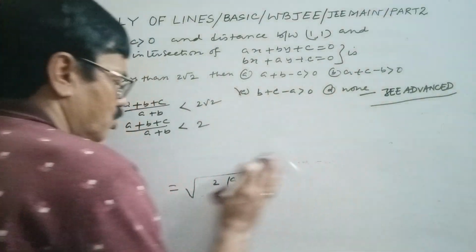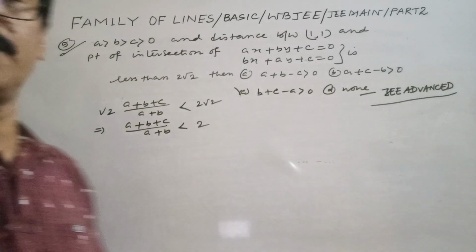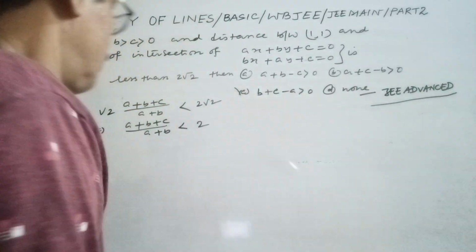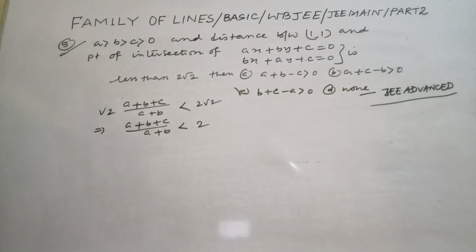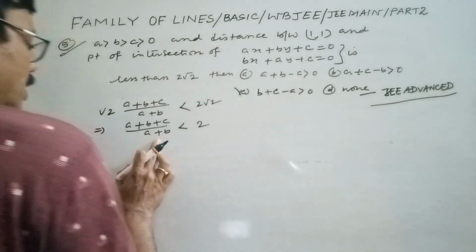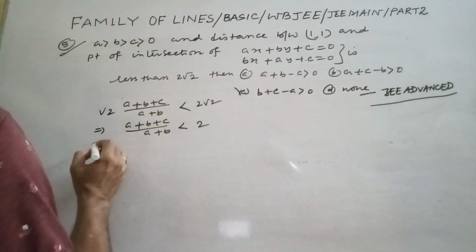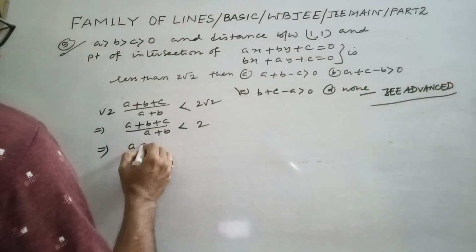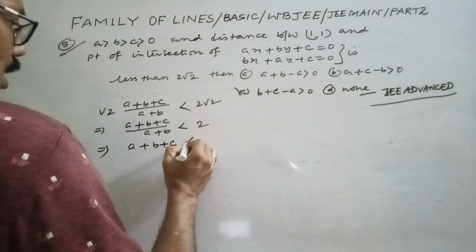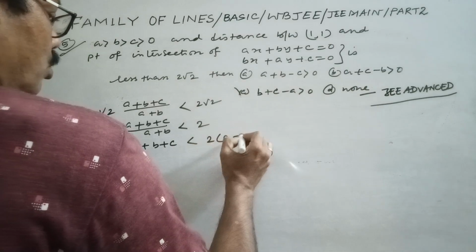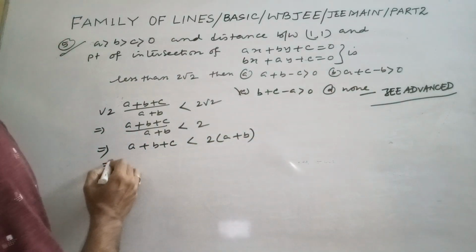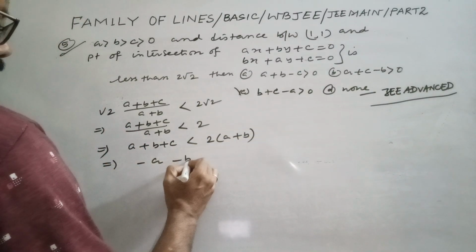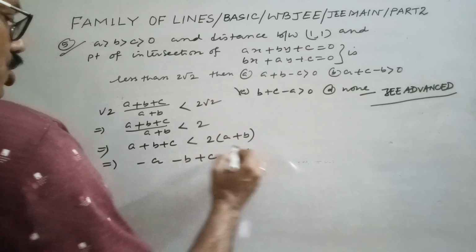Now look, this is to be noted: a, b, c are all positive. So the denominator is positive, the numerator is positive, so you can multiply it. So a plus b plus c is less than 2 into (a plus b), or minus a minus b plus c is less than 0.